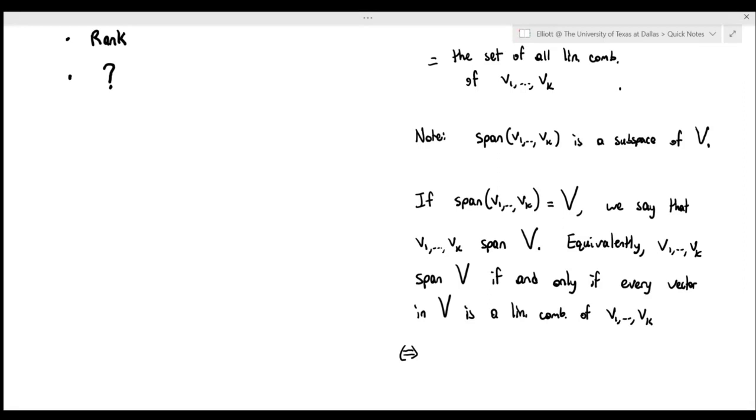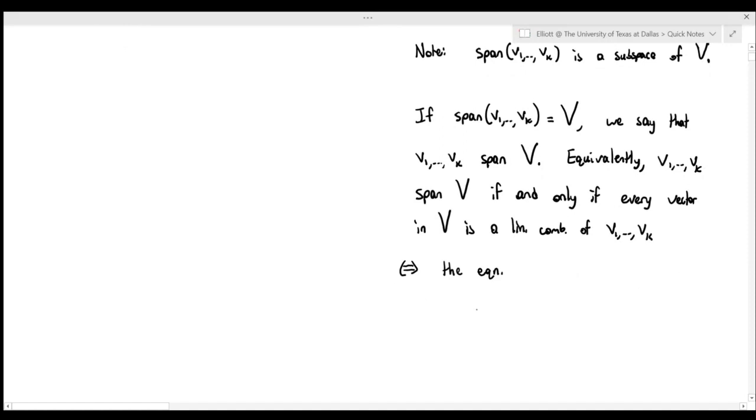So we can also rewrite this by saying that the equation C1 V1 plus C2 V2 and so forth up to CK Vk equals B has a solution for every vector b in the space V. Because remember, this is precisely what we mean by a linear combination of V1 through Vk.